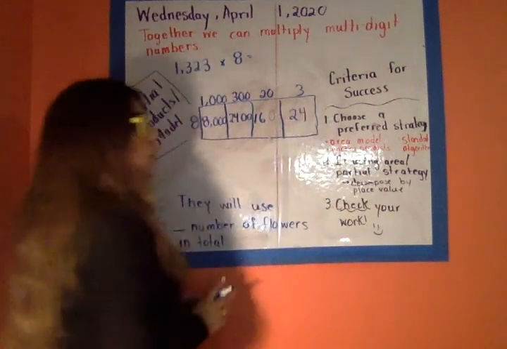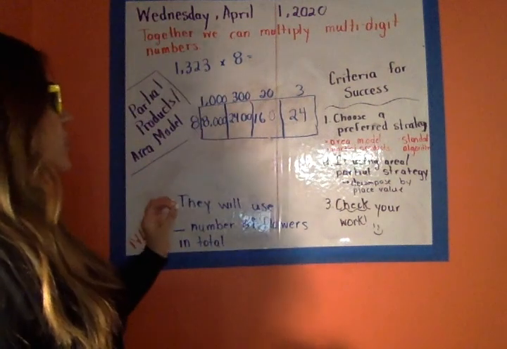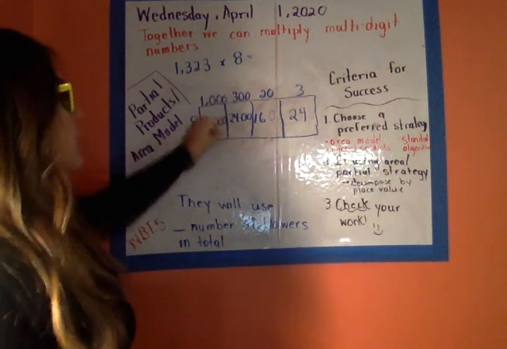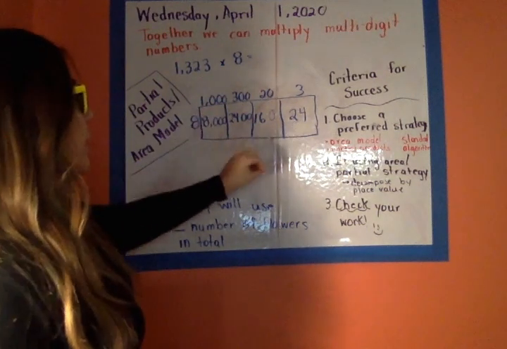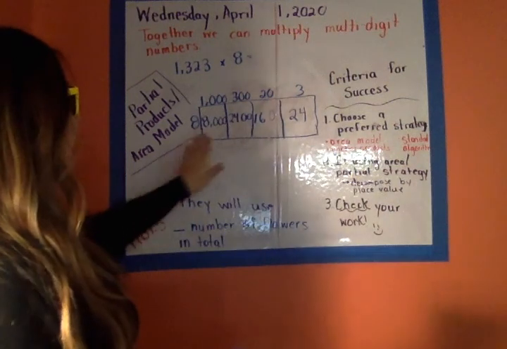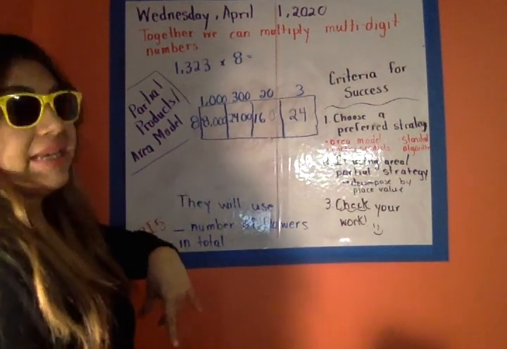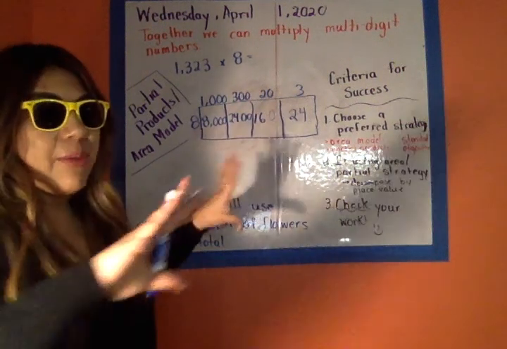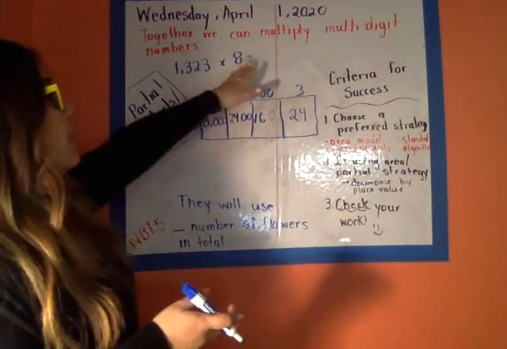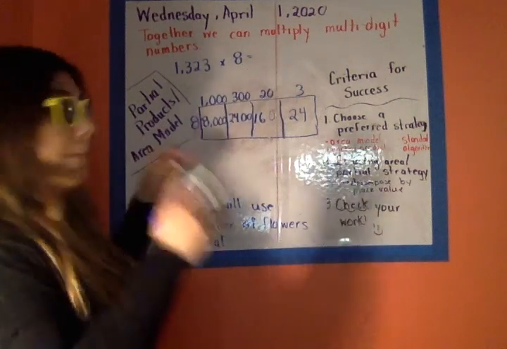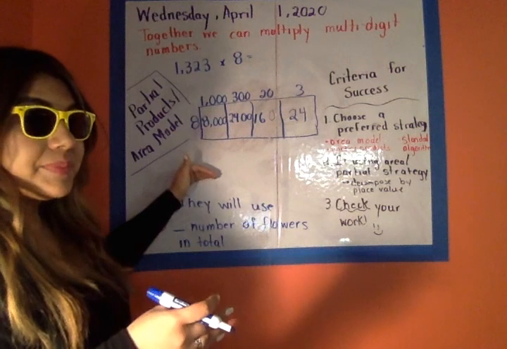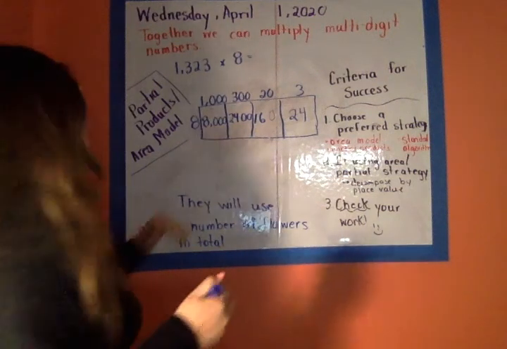Now, we call this the partial product model or the area model, right? Because we have just partially broken up our number, we have expanded it, and we've simply multiplied it in pieces, right? We solved for the products in bits and pieces. However, in order to come up with the product, we need to piece these parts together, and we do this using addition. And so let's do that now.